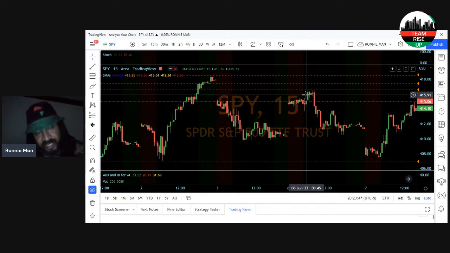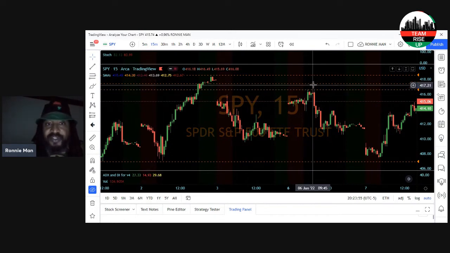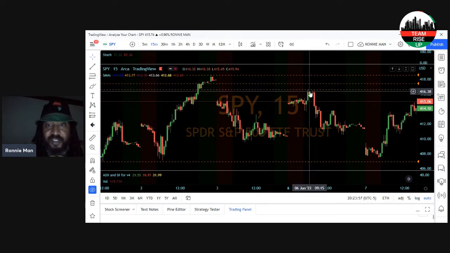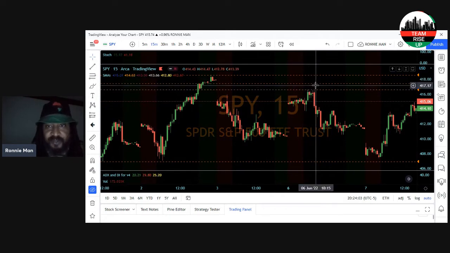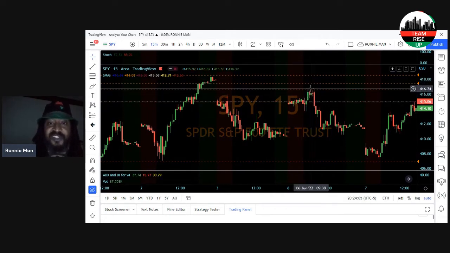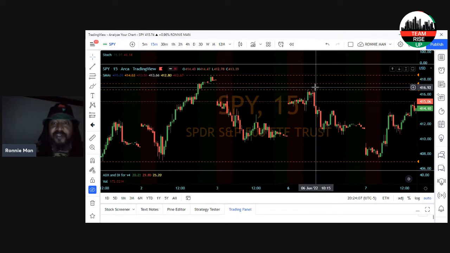Again, back to what I said a minute ago about support and resistance. The support levels are these three alerts and whatnot. These are the resistance levels, right? So I'm knowing resistance is right here.